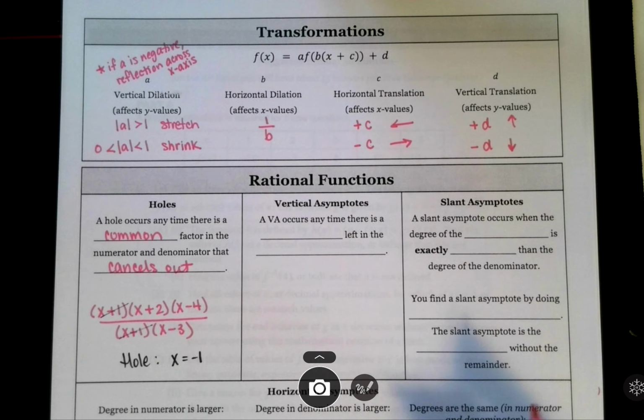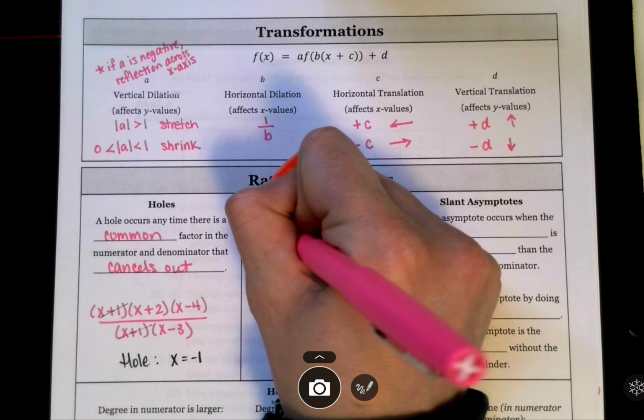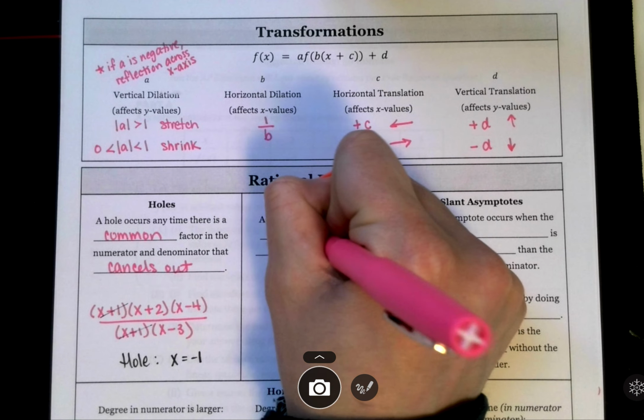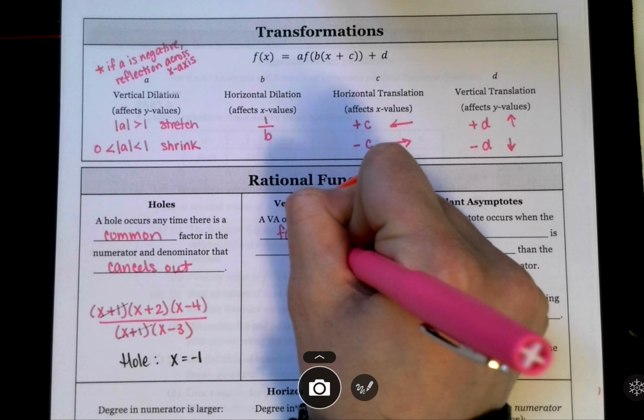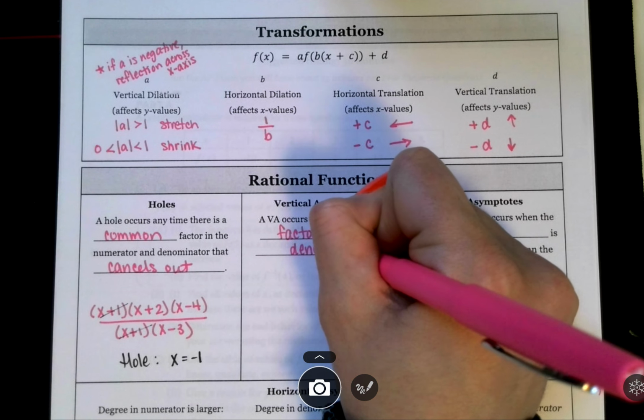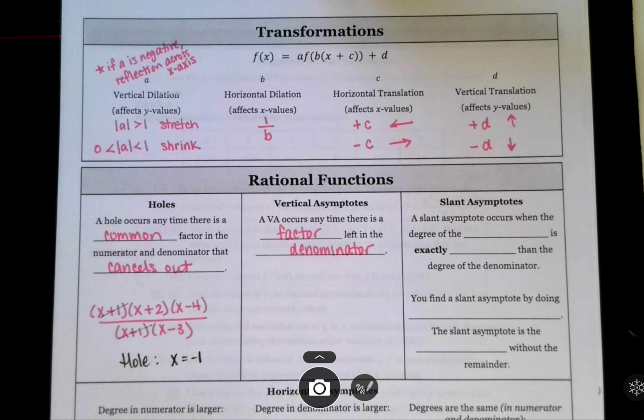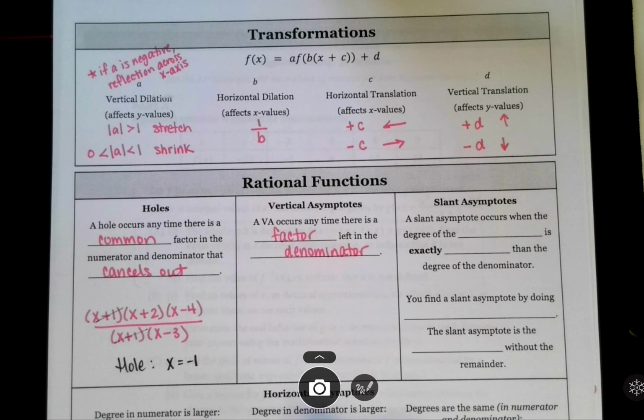A vertical asymptote occurs anytime that there is a factor left in the denominator. So if we actually look at the example I wrote over here, we removed the factor that canceled out, that's our hole.